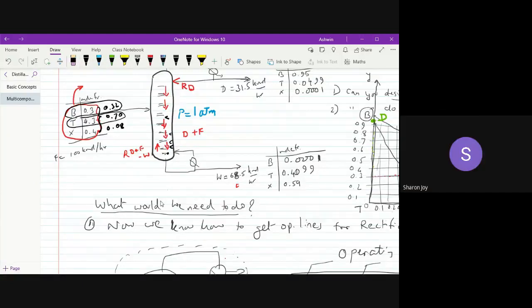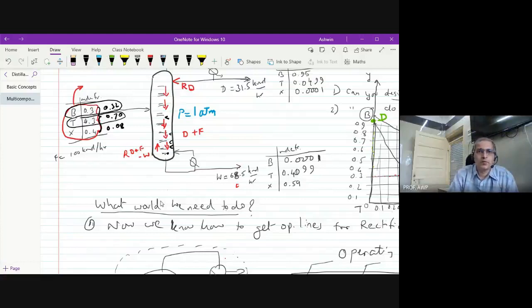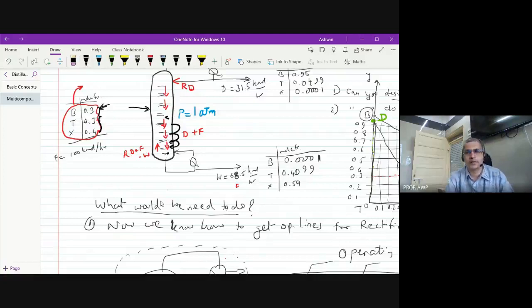As you go from one plate to another, you might find that on, say, the fifth plate, I'm just taking some number, actual calculation will tell you what number, toluene composition is close to 0.3, but benzene composition is not close to 0.3. Whereas on some other plate, you are close to benzene equal to 0.3, but you are not close to toluene equal to 0.3. Does that happen, Siddhant? Is that what you are trying to say?